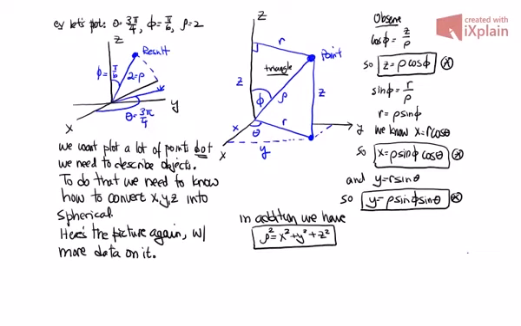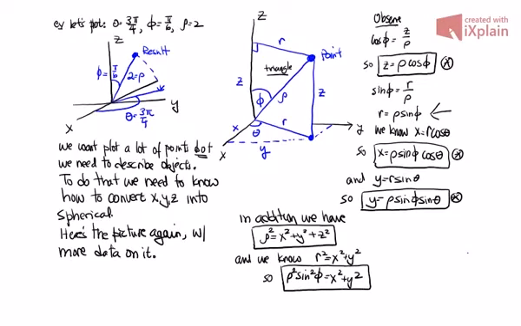And then in addition to that, from polar, we know r squared is x squared plus y squared. And we know that r itself from back up here on the right is rho sine phi. So rho squared sine squared phi is x squared plus y squared, also useful. So these 5 things will be helpful when we convert objects from rectangular into spherical.